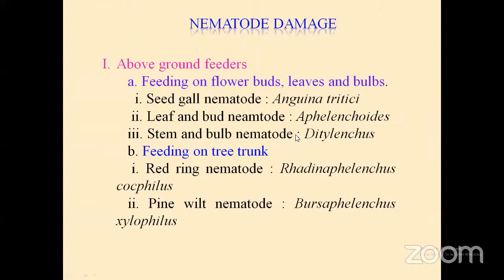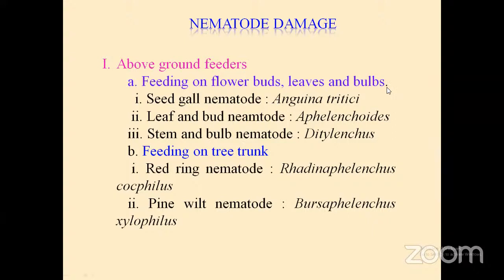And once it goes on damaging the crops, what are the parts being affected by these nematodes? If you see the damage caused by the nematodes, we can categorize it into two: above ground and below ground. Above ground, what are the parts being affected? Feeding on flower buds, leaves and bulbs.